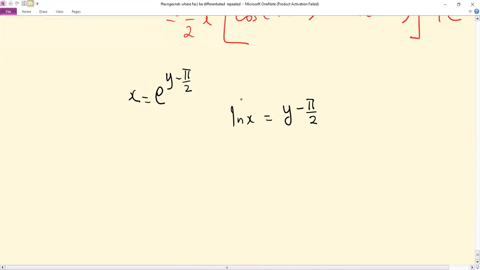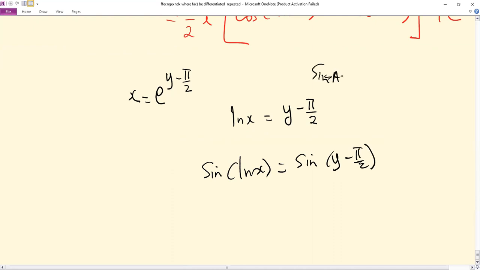Now, if you take sine on both sides, sine of ln of x is the same as sine of y minus pi over 2. And you see sine of a minus b is sine of a cos of b minus cos of a sine of b.